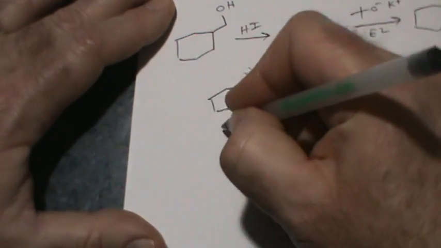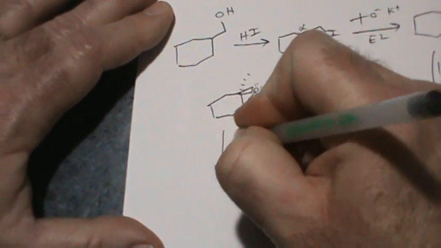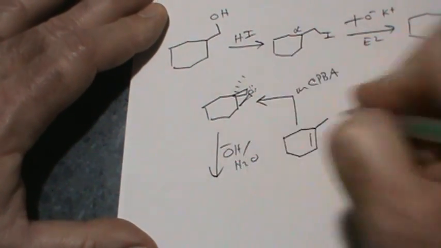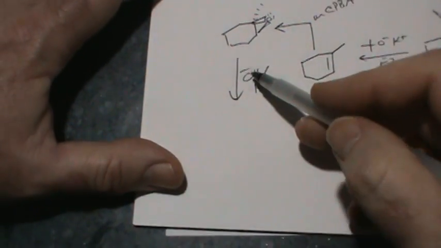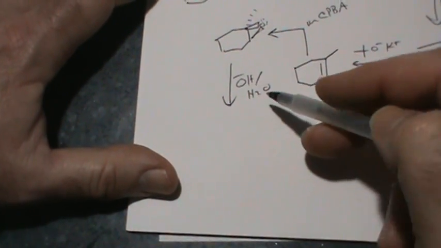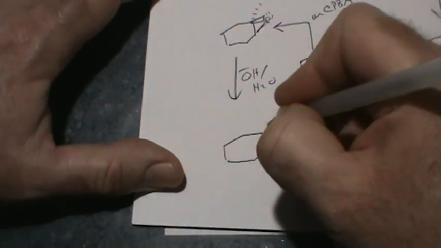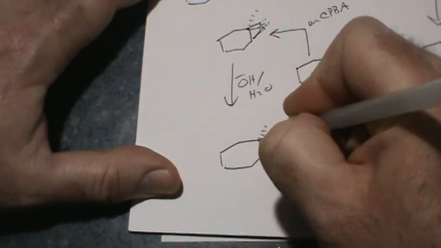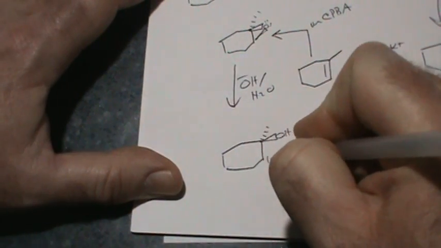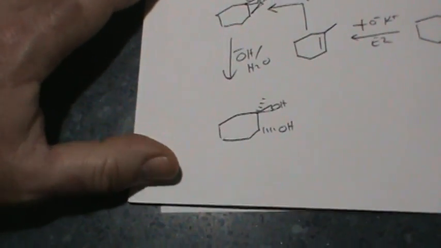And then finally, you remember we were trying to make the anti-vicinal diol, so I'm going to treat that with either aqueous basic conditions or aqueous acidic conditions. Do the hydrolysis reaction. And there it is.